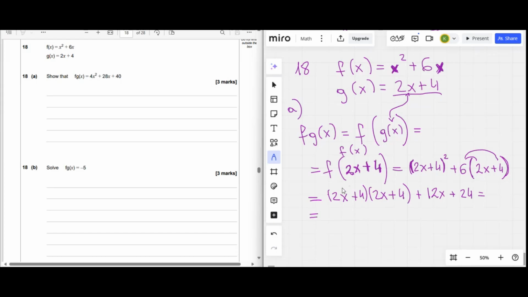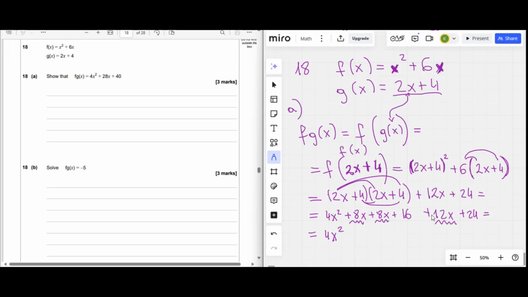Okay. 2x times 2x, 4x squared. 2x times 4 is 8x, plus 8x there, plus 4 times 4, 16. And that other bit. Okay. 4x squared, we have 8x, 8x, and 12x.